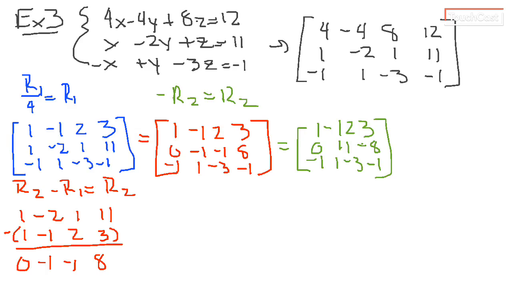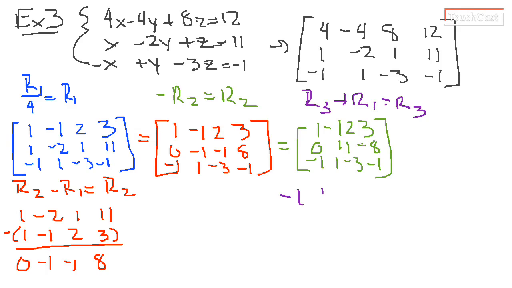Now moving into the next operation, I'm going to take my third row, because my first two rows are how I want them to be. I'm going to add to it my first row. And that's going to give me a new version of my third row.